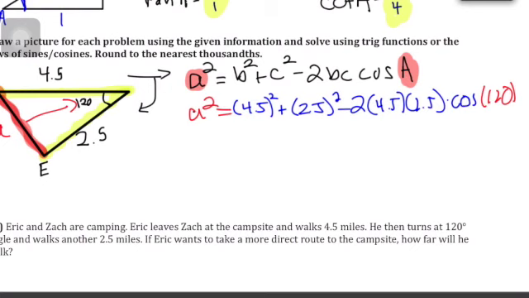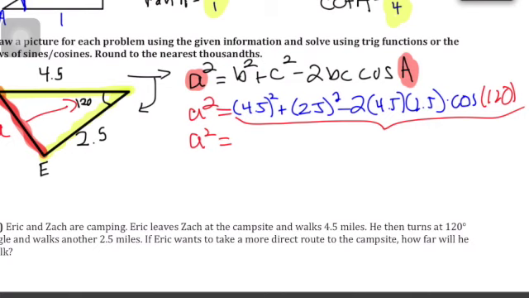And now we just plug this entire expression into the calculator. So 4.5 squared plus 2.5 squared minus 2 times 4.5 times 2.5 times the cosine of 120.